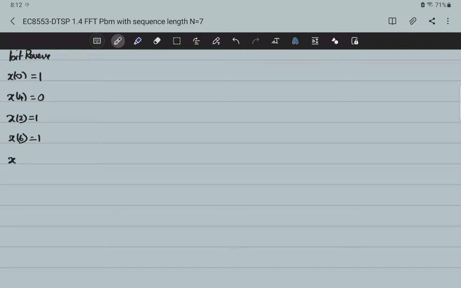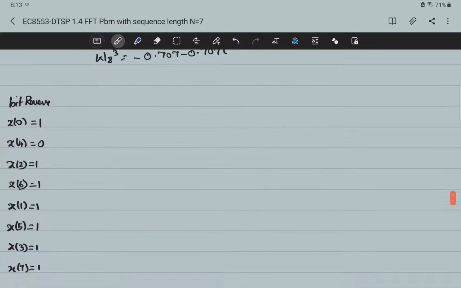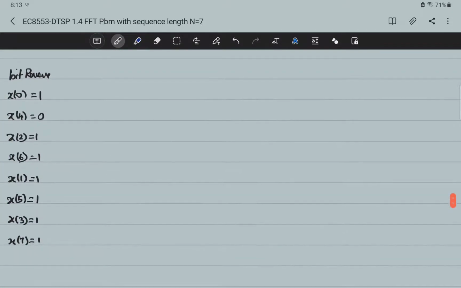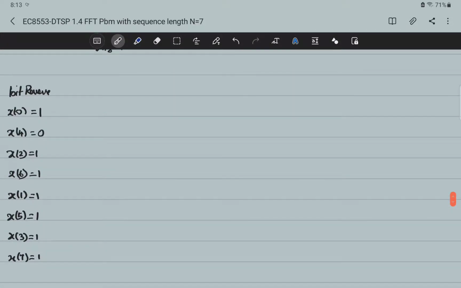Then you have x1 is 1, x5 is 1, x3 is 1, and x7 equal to 1. So you can write the bit reverse order of the given sequence.